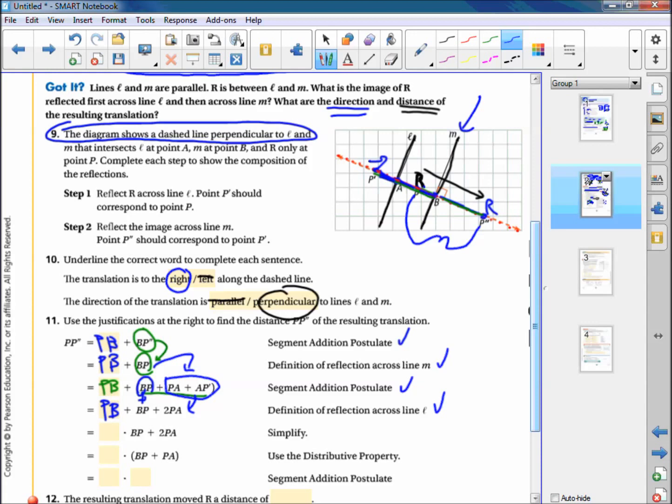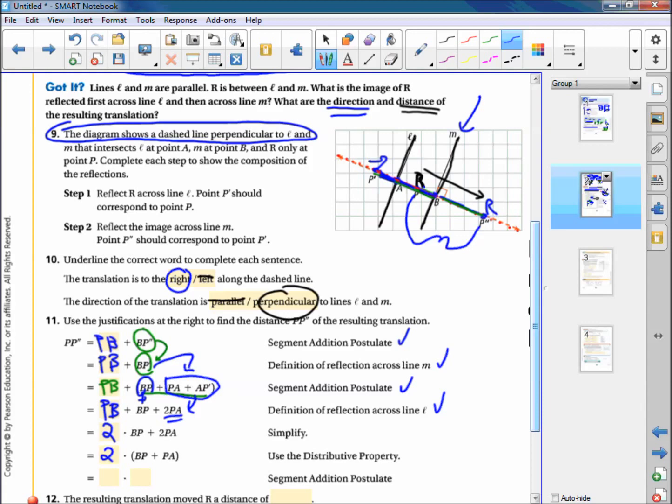Okay, so we can just replace it with two of PAs. All right, so now we have 2 times BP because we had two BPs in there. PB and BP are the same. All right, and plus 2 PAs, and then we can factor out the 2.